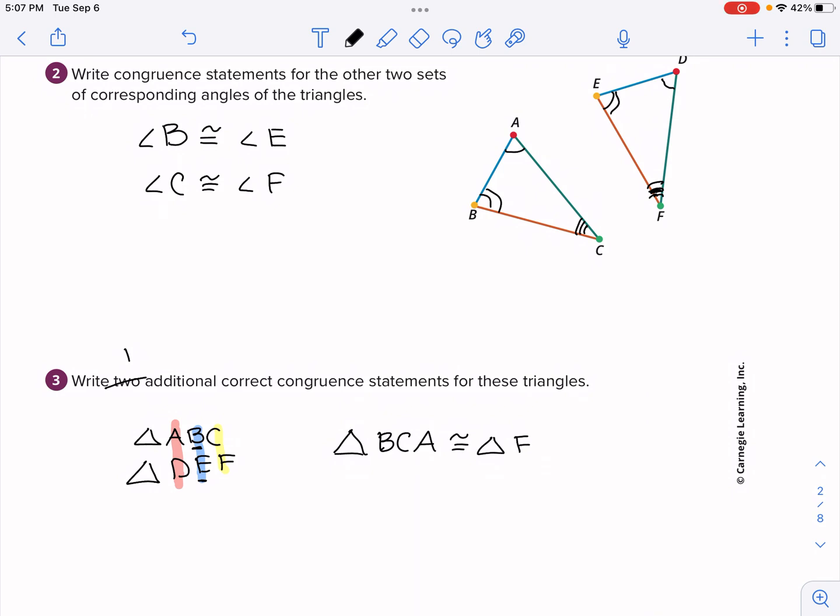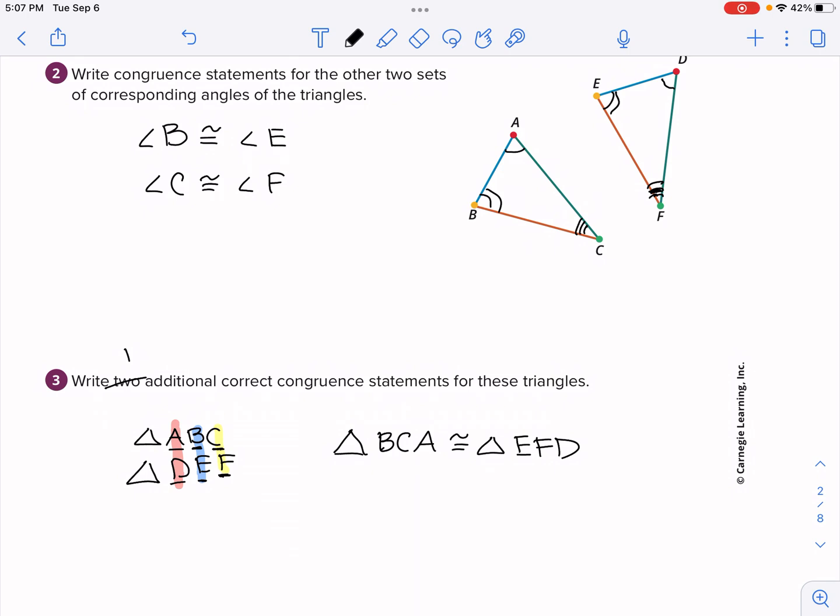On this second triangle, I'm going to start with E. BCA, the second one is C. So C's right here. The one that corresponds with that is F. So triangle EF, and the last one, since it ends in A, the last one will be D. So we will put it in that order. The order is important because you're saying these varying parts correspond with each other.